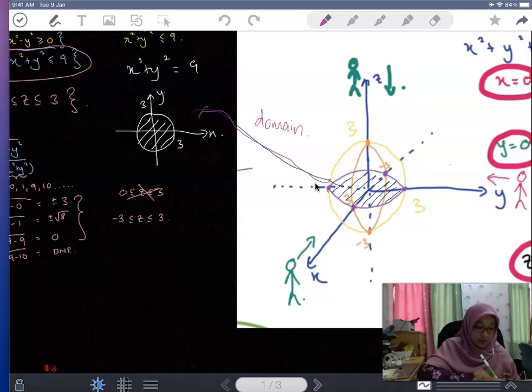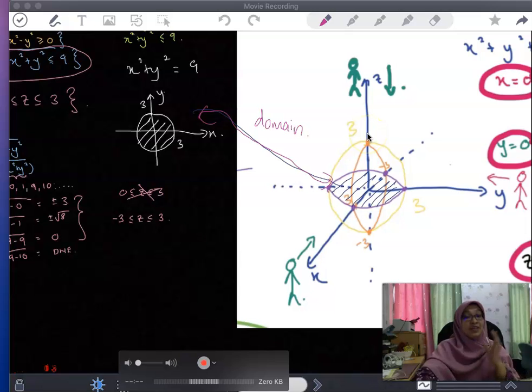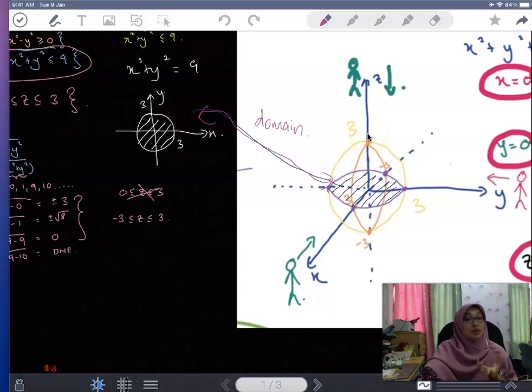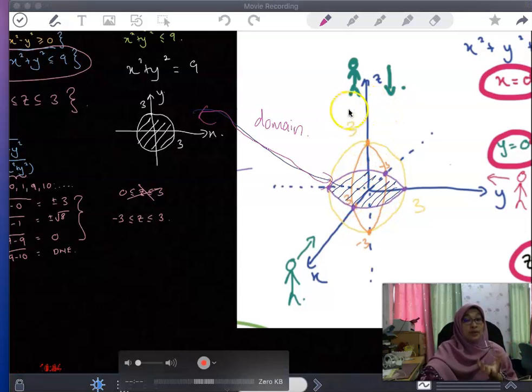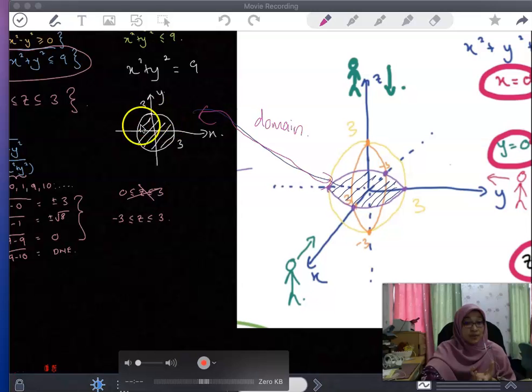Imagine you have a ball. This is your ball, and you are standing up here, on the table, looking down at the ball. When you're looking down, you can just see this one. You cannot see the ball because you're looking from the axis. So you can just see this plane. That is called the domain.